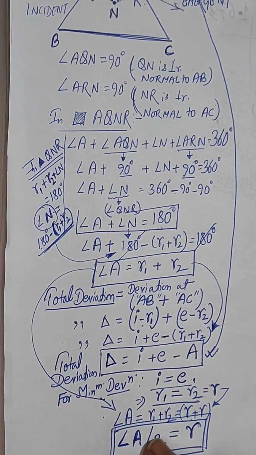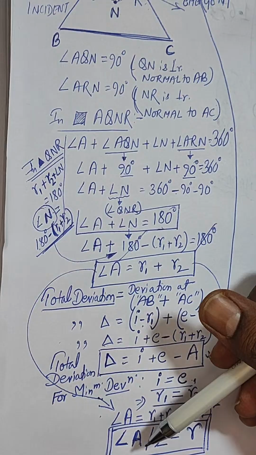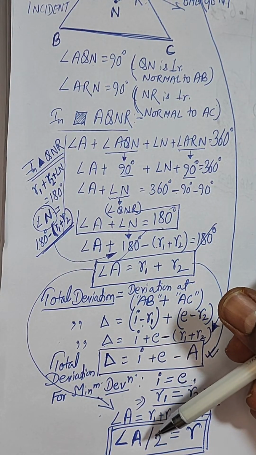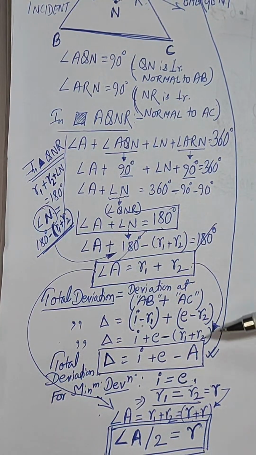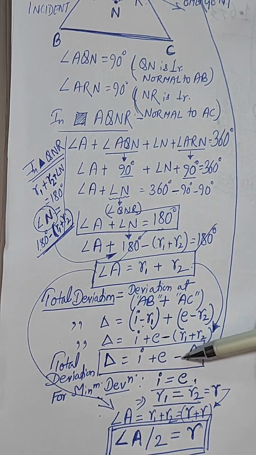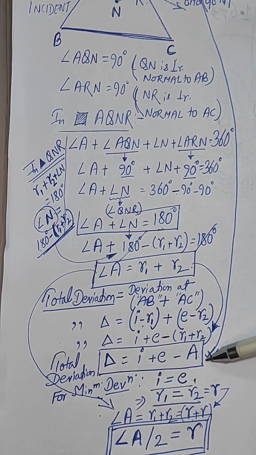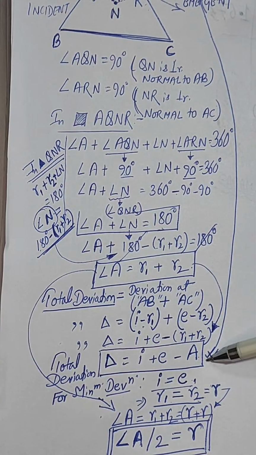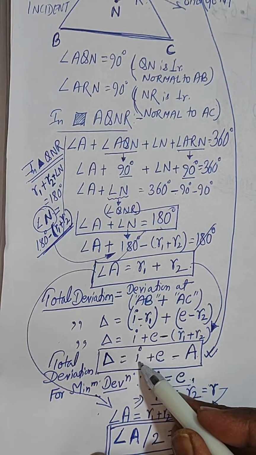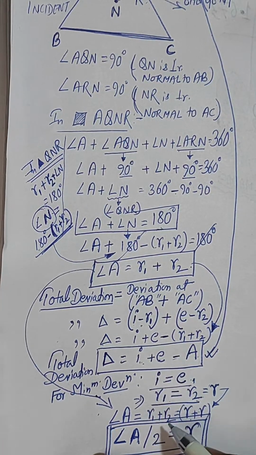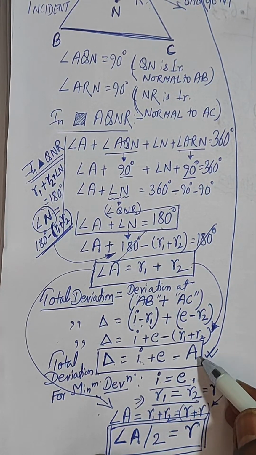Now, in the same way as we have shown from the above equation, angle A equal to R1 plus R2, and another one is for the deviation, I plus E minus A equal to delta, the total deviation, right? We can show that the small deviation delta is equal to 2i minus a. This can be written as, because I is equal to e, delta can be written as I plus I minus a, right?